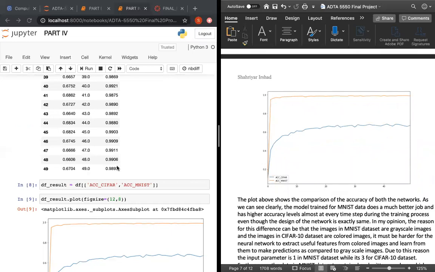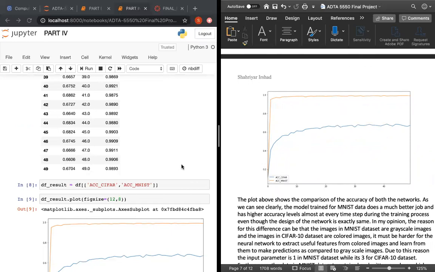The accuracy level at the end of the training in MNIST dataset was almost 99%, whereas in CIFAR 10 dataset it was 67%. So there is a significant difference between both the accuracy levels.